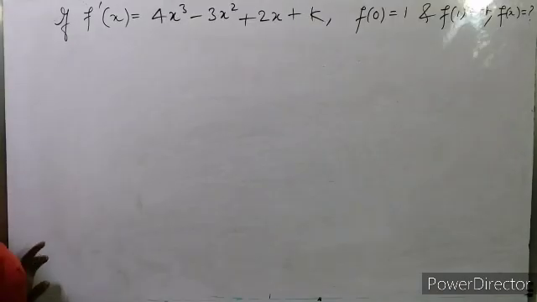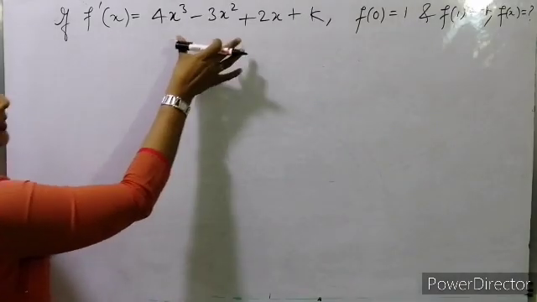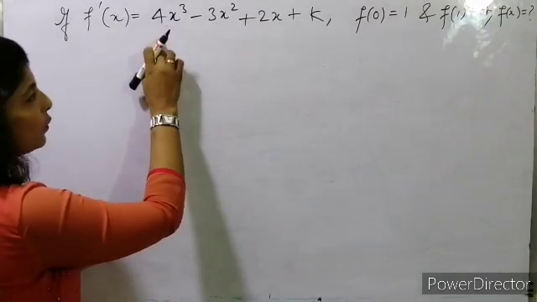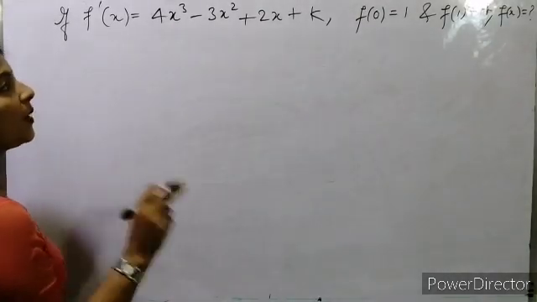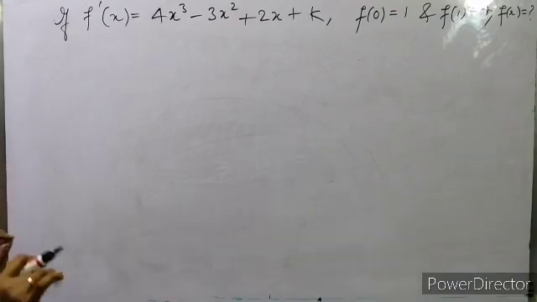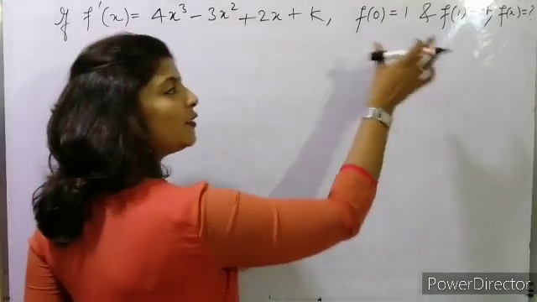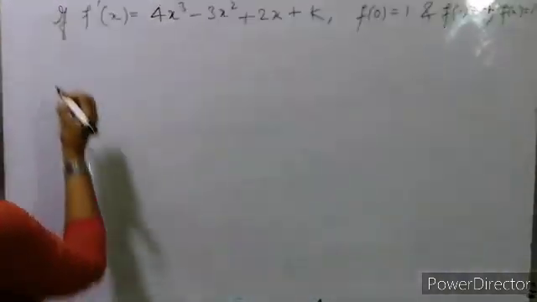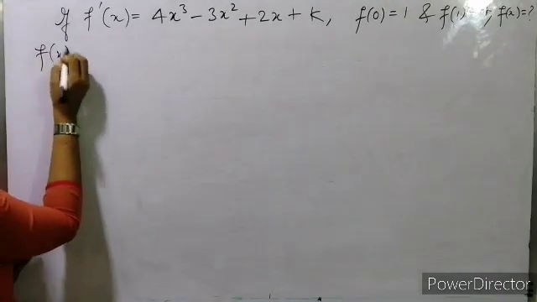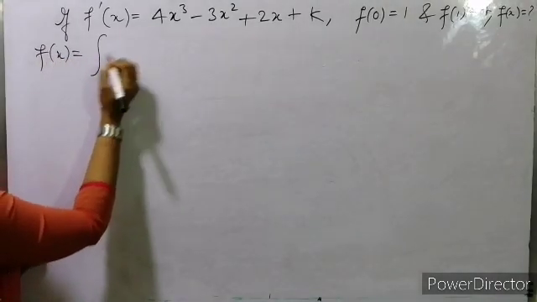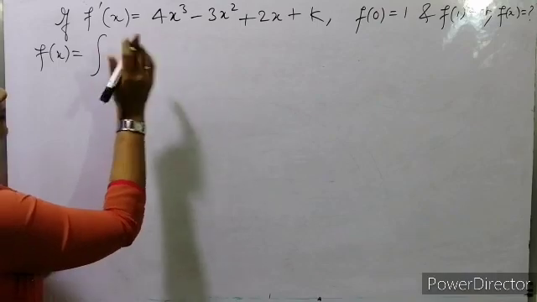We have another question, where f dash x is given as 4x cube minus 3x square plus 2x plus k, and the values of f0 and f1 are given, and we have to find fx. So what will be the value of fx? Integrating this f dash x we will get fx.